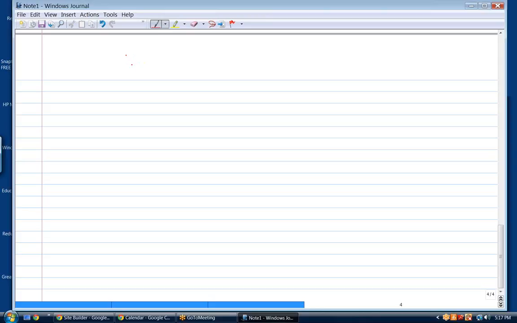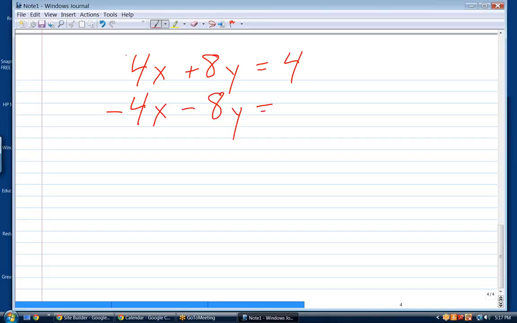Next one is 4x plus 8y equals 4. And then negative 4x minus 8y equals negative 15. What do you get if you add these two equations? Gonna end up with x.